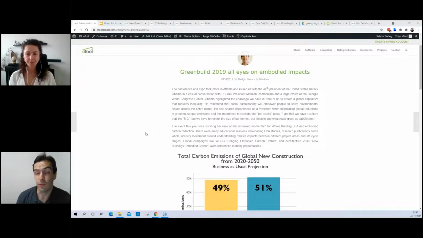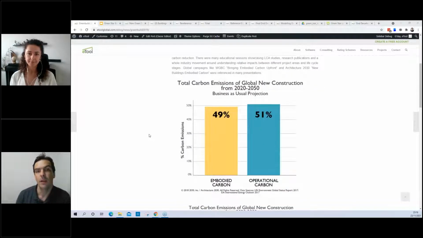And it's really good to see the changes now implemented in the new rating for Green Star buildings, because it does highlight the importance of the upfront and the embodied carbon. Also to do with the timing, a lot of emissions occur upfront in the project lifespan.